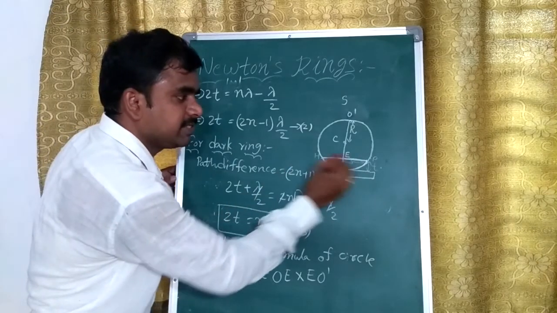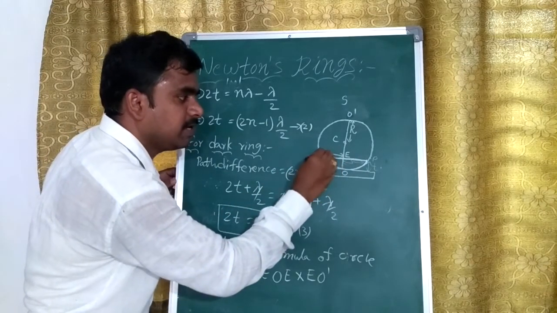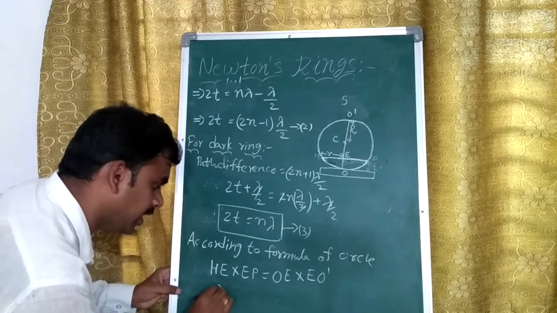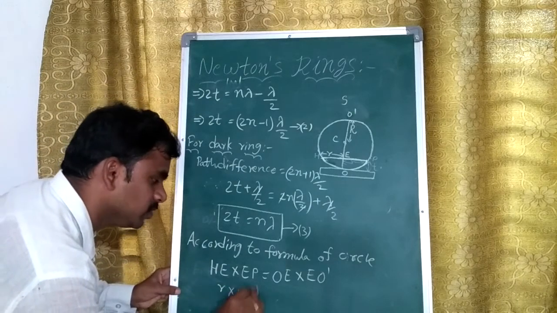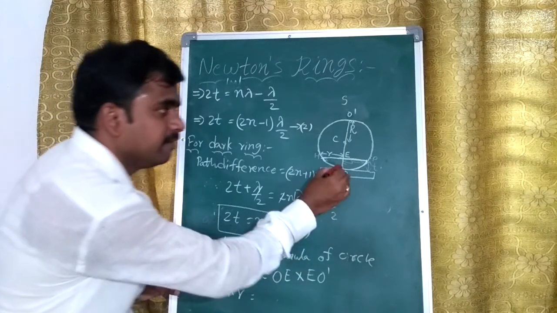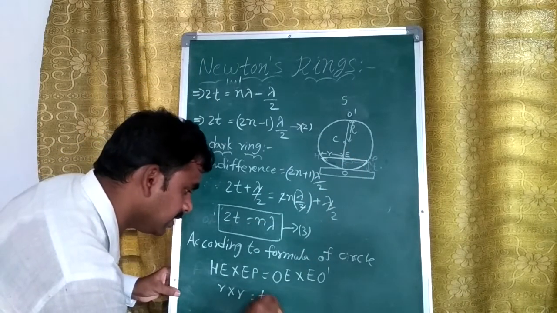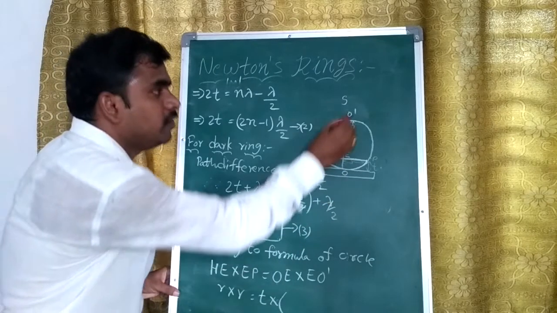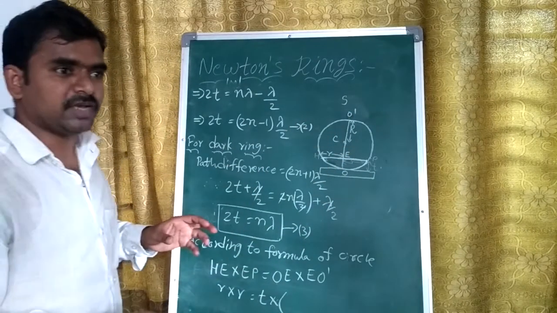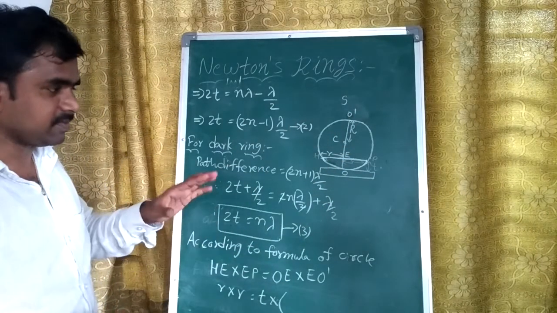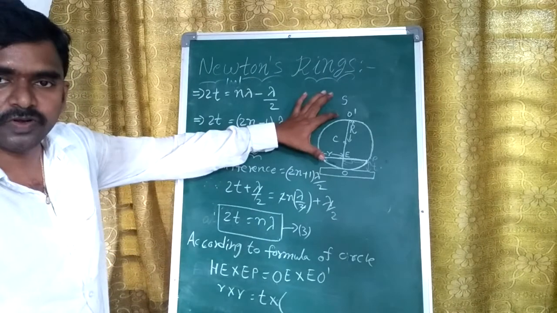HE is also equal to the radius. That means R into R equals OE, which equals the thickness of the film, that is T, into EO dash. The EO dash value we don't know.